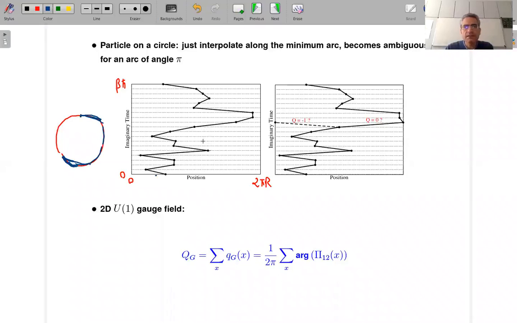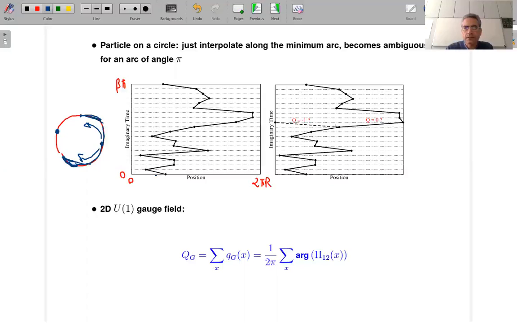Now, of course, this can be ambiguous if you have two consecutive points of the path sitting on the opposite sides of the circle. I mean, if you have two consecutive points sitting here, it is not well defined whether you go in these directions or in these directions, okay? And this is the case that I drew here.